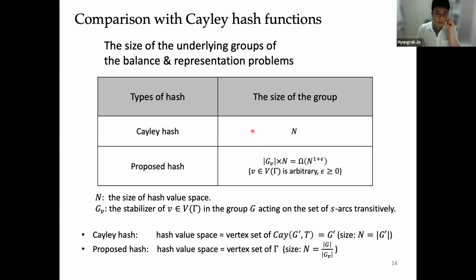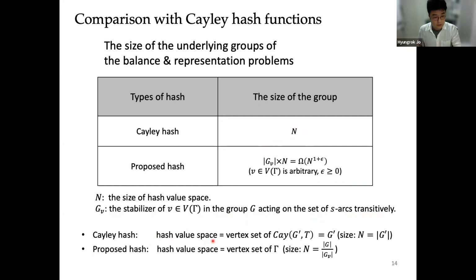Now we want to compare the Cayley hash functions in the sense of the size of the underlying groups, which correspond to the balance and representation problems. A Cayley hash function is a hash function from a Cayley graph, and the size of the hash value space is determined only by the order of the group. In our proposed hash, there is a stabilizer of any vertex in the graph, which acts on the set of arcs transitively. Here, n is the size of the hash value space.